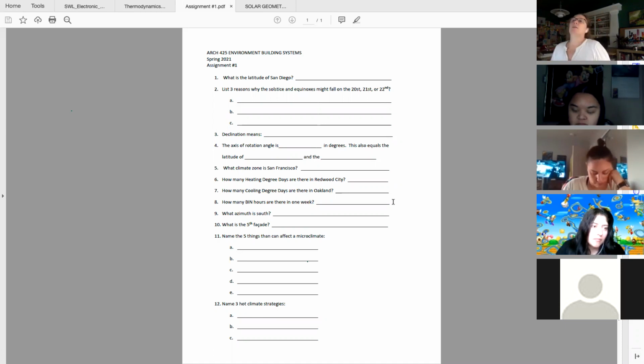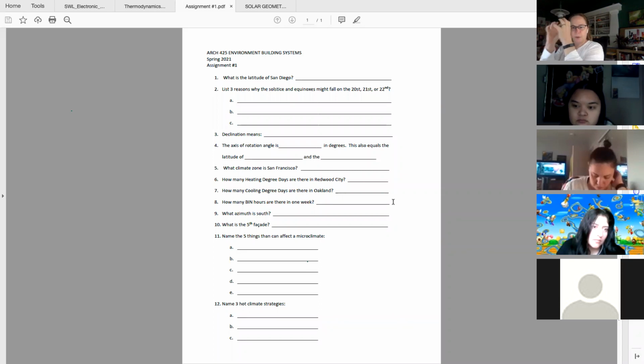Remember, bin hours, and it's kind of a stupid name, but think of it like lots of little bins. You take all your weather data and your climate data, and you've got 10 hours of the year that you're at 75% temperature.